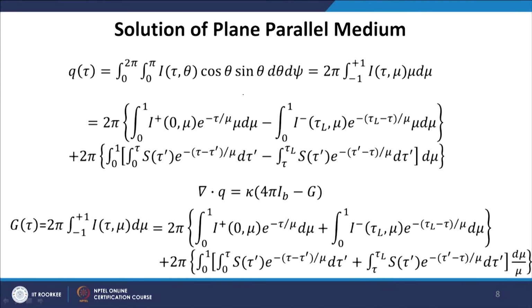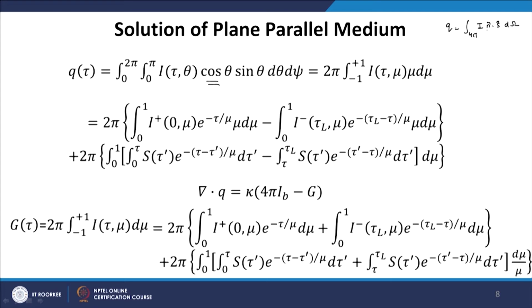Now, we have to find the expression of radiative heat flux. Once we know how the intensity is distributed, finding the expression for heat flux is very simple. We integrate over all the solid angles and multiply by cos θ. We remember that q is basically intensity dotted with the normal vector and integrated over the entire solid angle 4π.